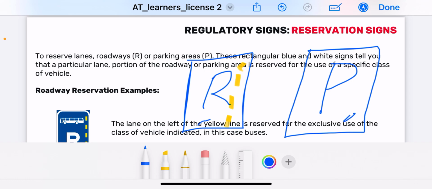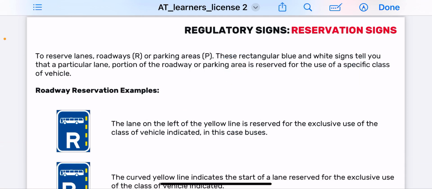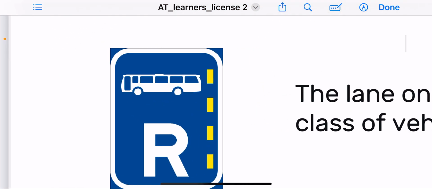This one is for parking. This one is for the lane. These are reservation signs. You just have to remember the background is blue, and then R for the lane, P for parking. Very easy. And then as to what this lane is reserved for, you just check the picture.